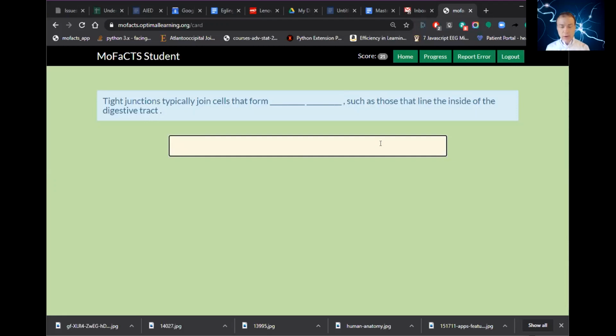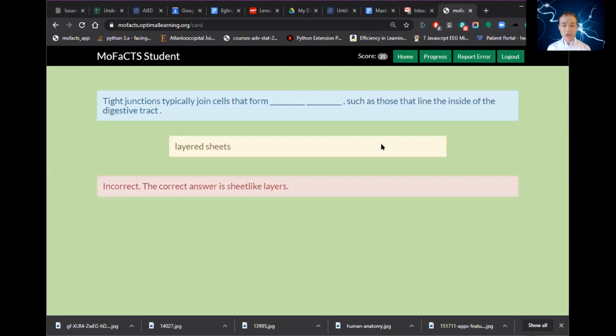That's the layers. Form layered sheets, sheet-like layers. That's a pretty hard synonym for a computer to figure out.